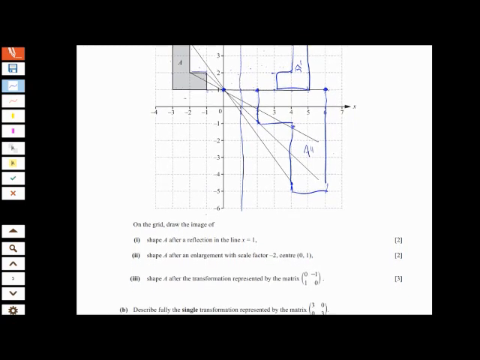And now shape A after transformation represented by the matrix (0, -1, 1, 0). Okay, that means it's a 90-degree anti-clockwise rotation. So what you do here, you draw something like a clock arm. Imagine a clock arm. 90-degree anti-clockwise would look something like this. And this is the first point.